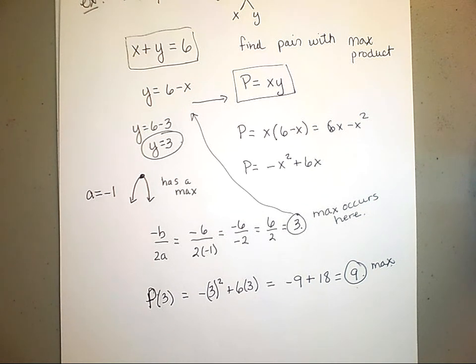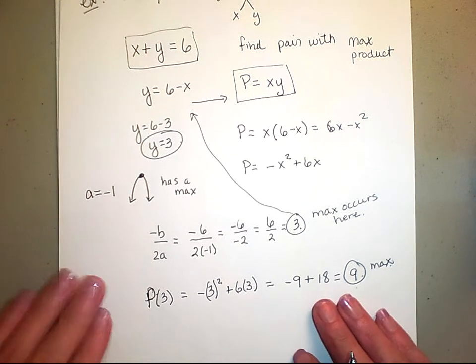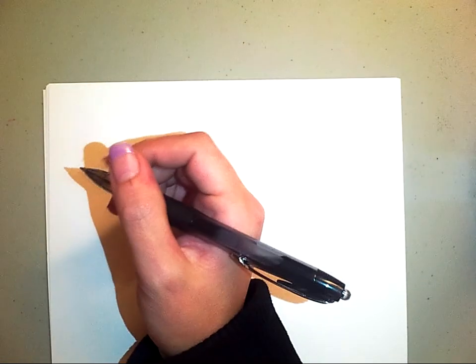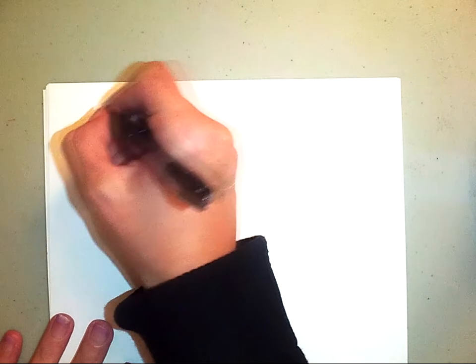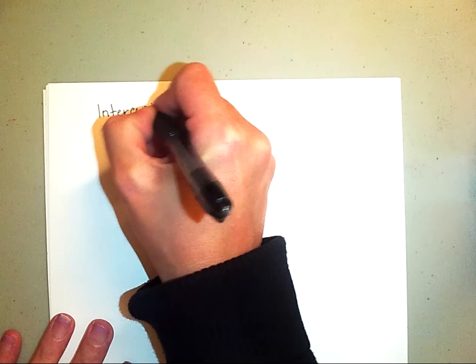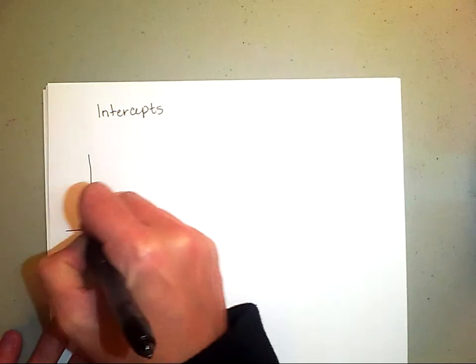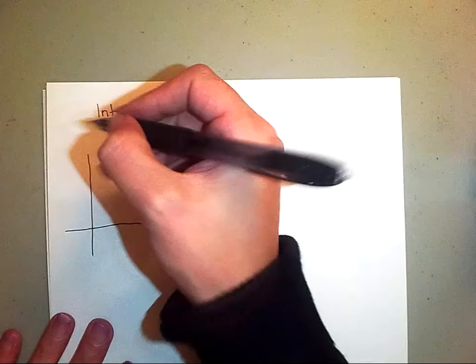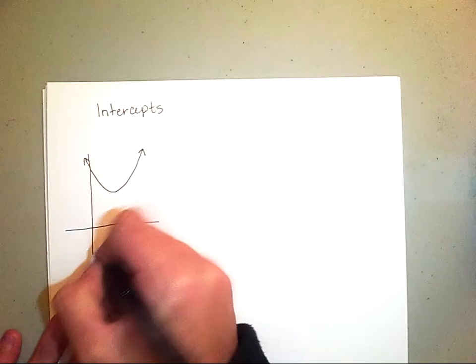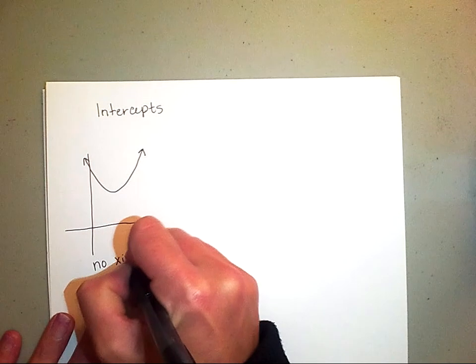Okay, so let's talk about some more characteristics of this. For the intercepts, it's very possible for a parabola to have no x-intercepts.